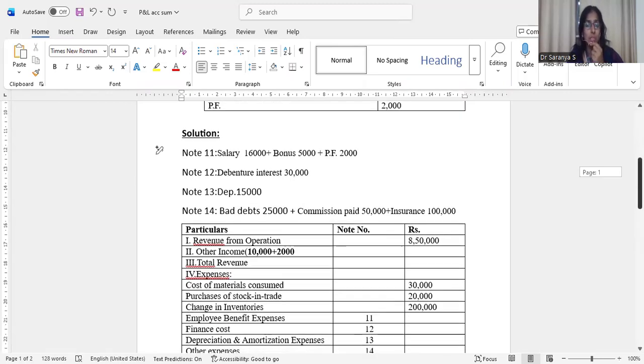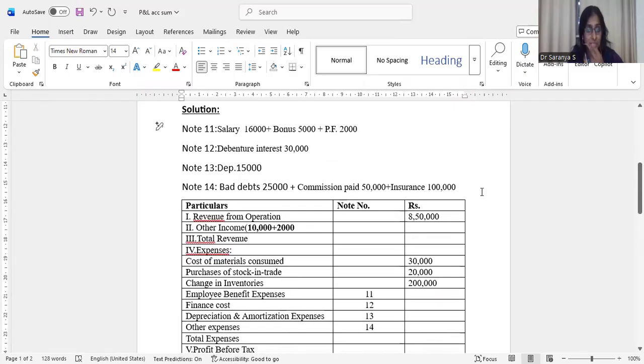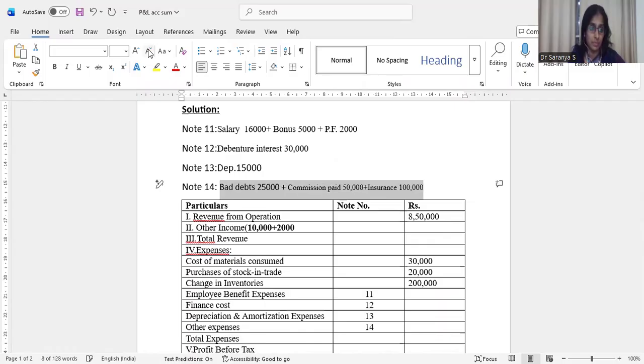Once all the items are done, now we will write the total for all the notes. First, for note number 11, salary is 16,000 plus bonus 5,000 plus PF 2,000. We will get 23,000 rupees.